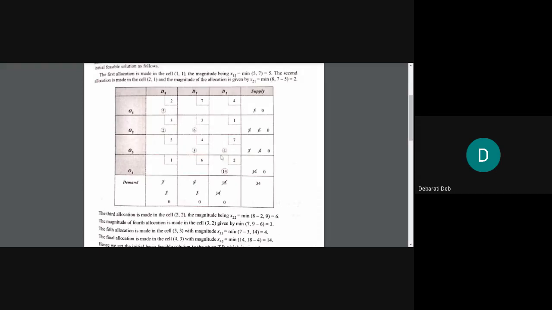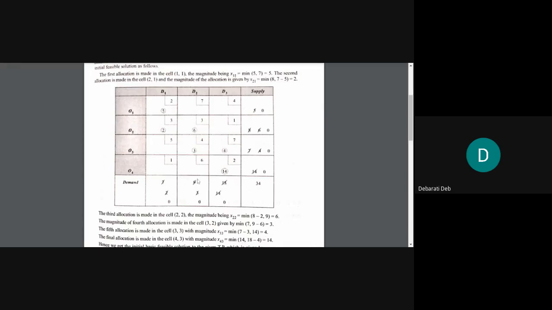Correct? In the column total, it was 9. From 9, you have taken 6. So how much is left? 3. So you will strike off 9 and write 3, because from 9 you have taken 6, so leftover is 3. Correct?